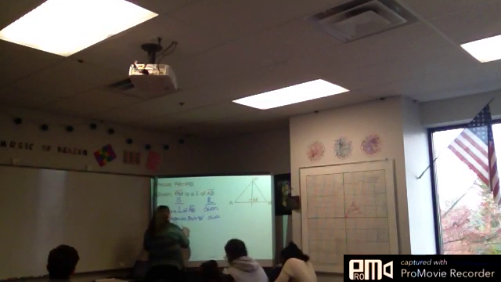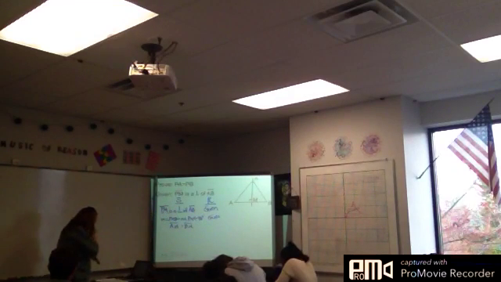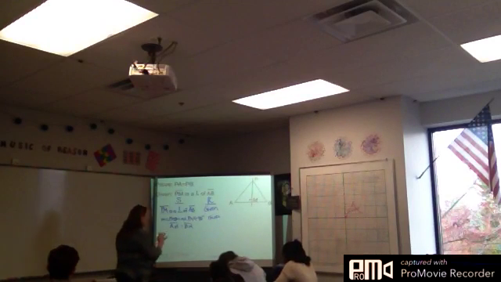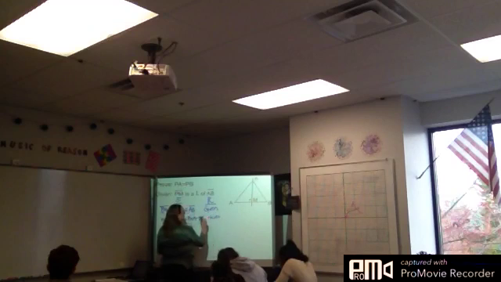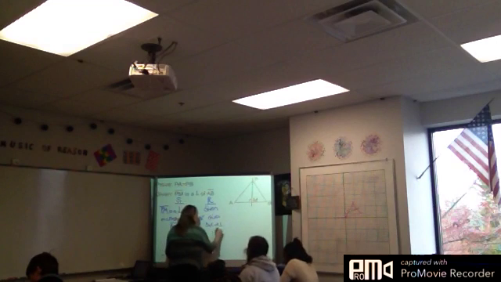AM equals BM because of the definition of a perpendicular bisector. It divides it into two halves. Or you can say definition of a midpoint, either one, because that's the midpoint, it doesn't matter.